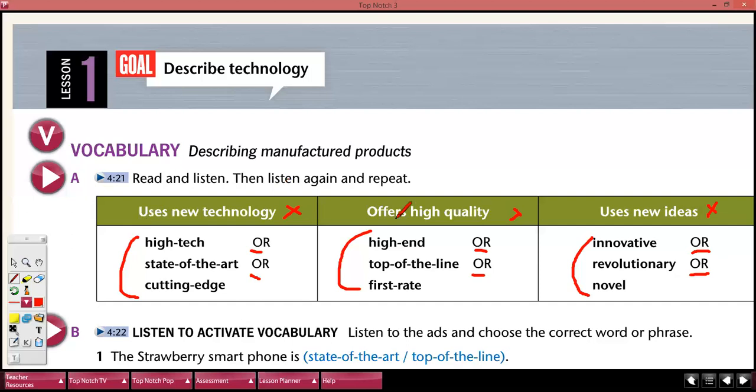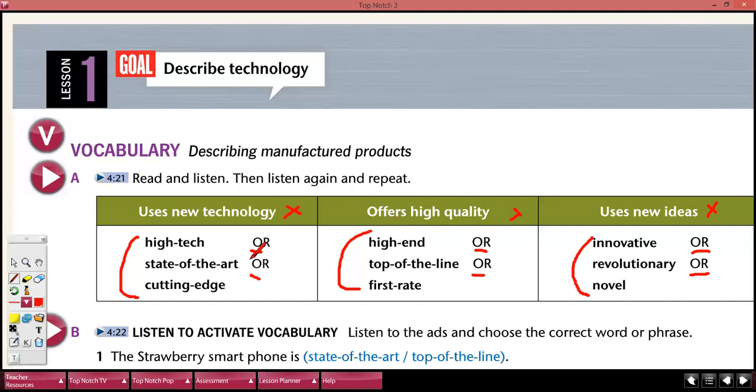Offers high quality. All right, so maybe our product is not the newest, I don't know, like the best screen or the best camera. But if you drop it, maybe talking about a phone, it's not going to crash. It's not going to stop working because it's high quality. It works very well.